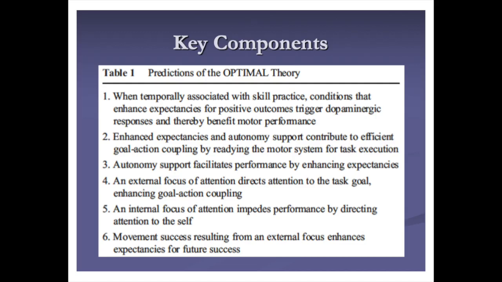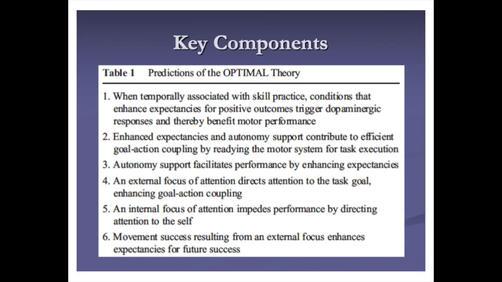Autonomy support facilitates performance by enhancing your expectations. So I'm making a choice, I'm going to do better. This improves our expectations. An external focus of attention directs you to the task goal, and again enhances goal-action coupling.